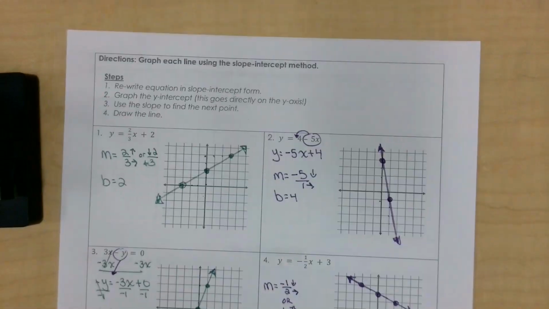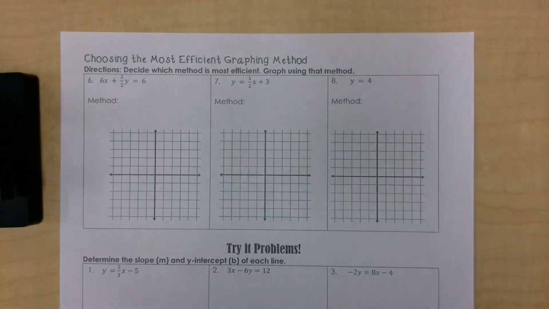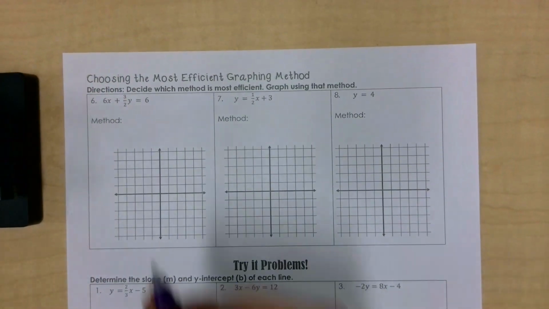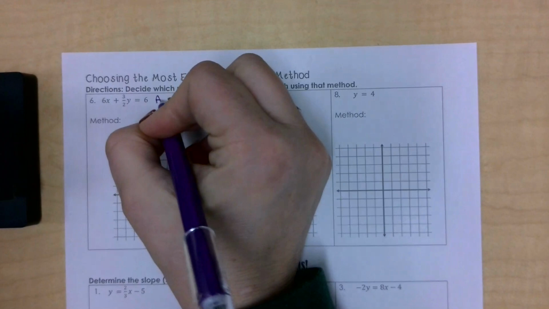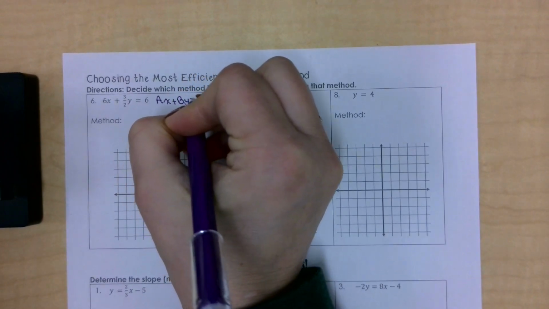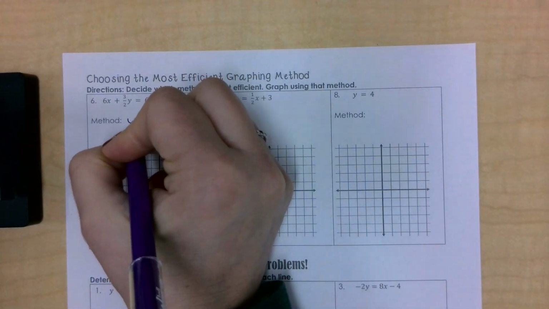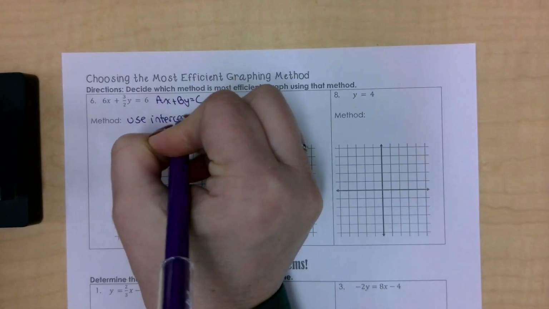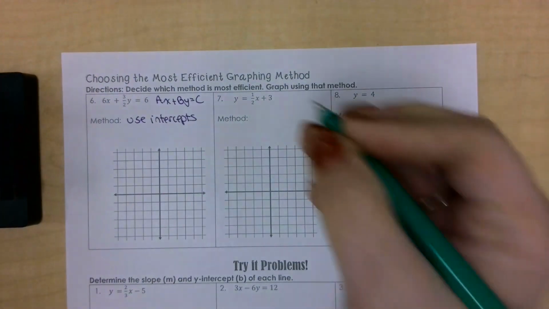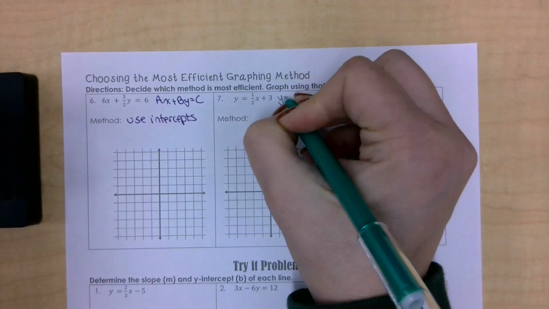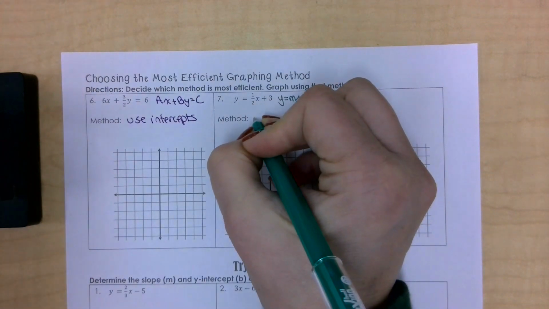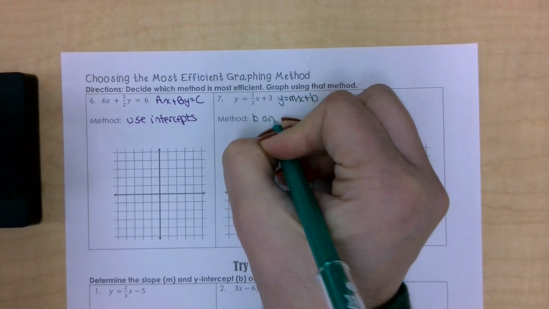We're going to take a look at one thing on page 18, and it's choosing the most efficient graphing method. So when I see standard form, ax plus by equals c, I should use intercepts. When I see slope-intercept form, y equals mx plus b, I should use my b and m.